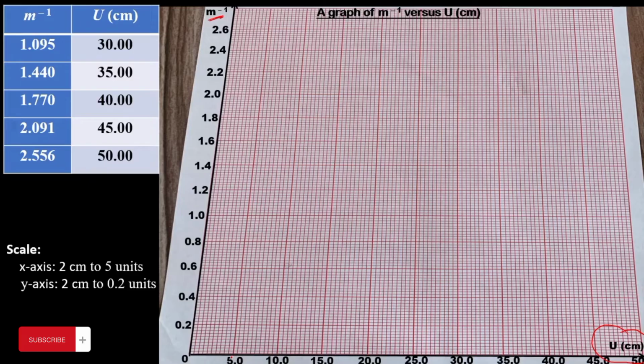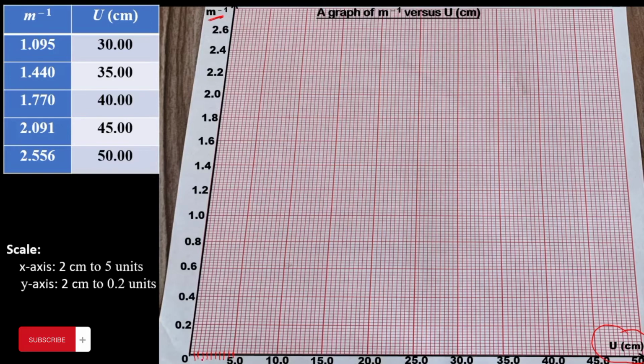So 5 divided by 10 would give us 0.5. As such, the first box here is 0.5, next is 1.0, 1.5, 2.0, 2.5, 3.0, 3.5, 4.0, 4.5, and then 5.0. So each small box along our horizontal axis corresponds to 0.5 units.